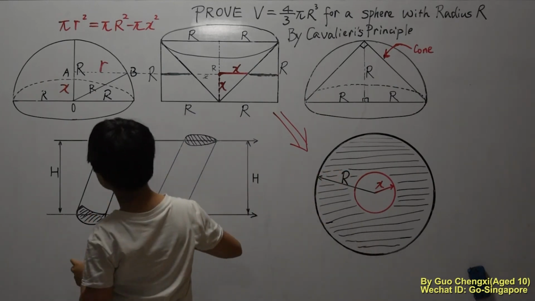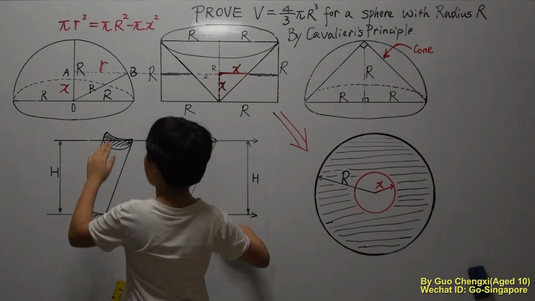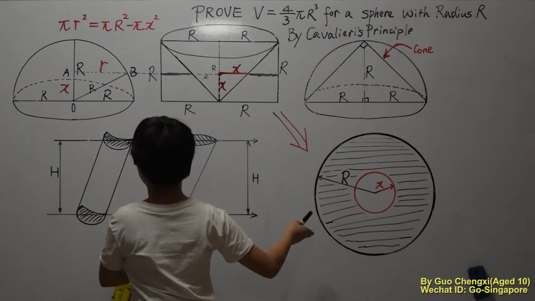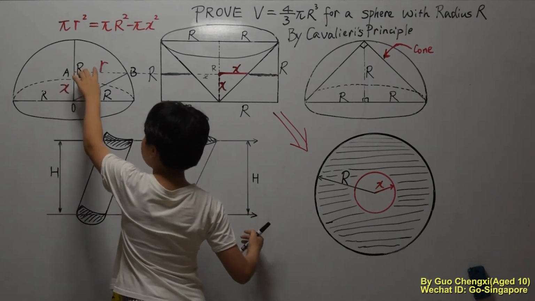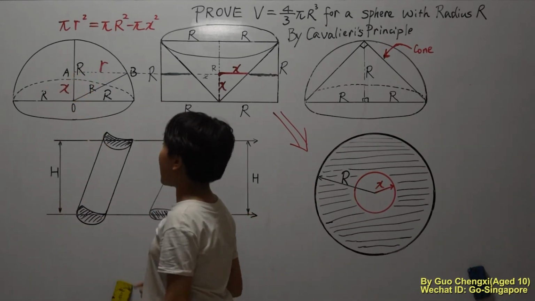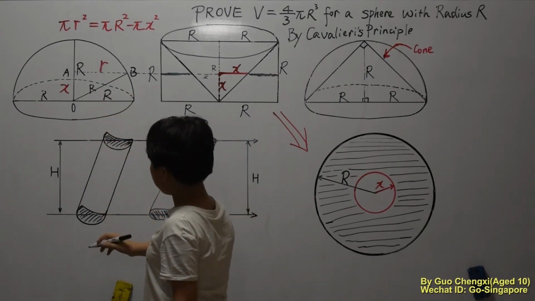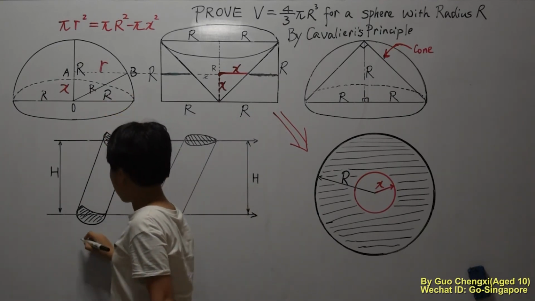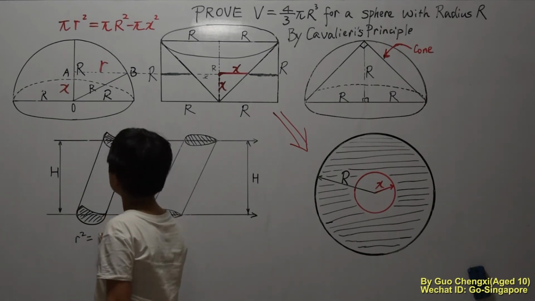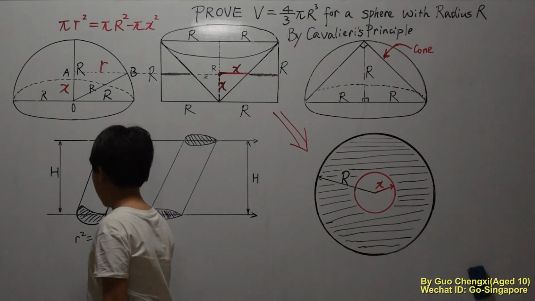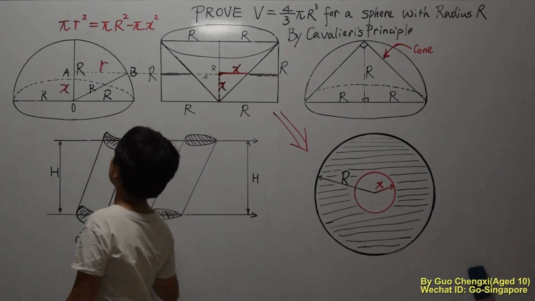Okay, and another thing you can get to over here for this part: do you see any relation between the x, the R and this r? This is basically the Pythagoras theorem, whereas small r squared is equal to capital R squared minus x squared.